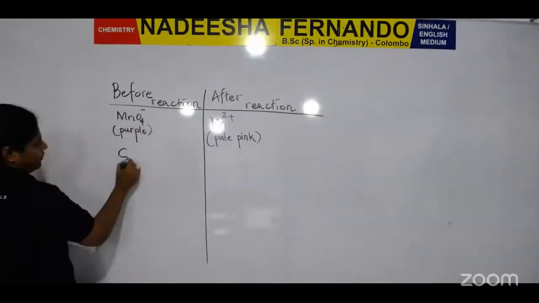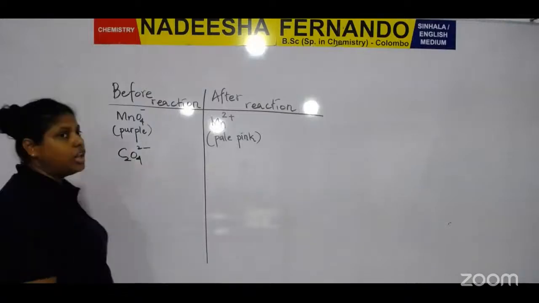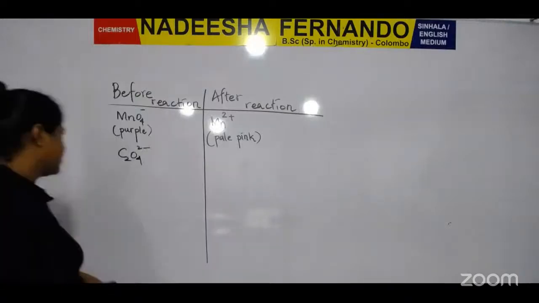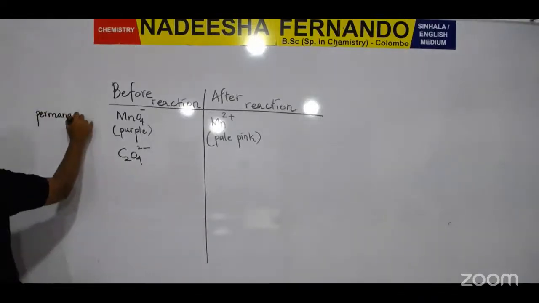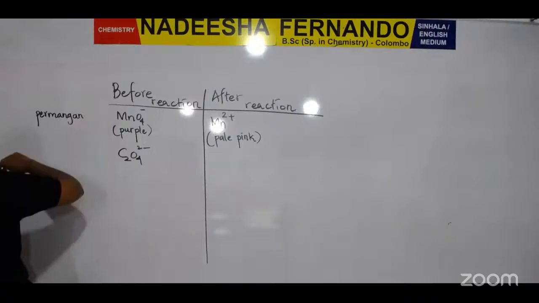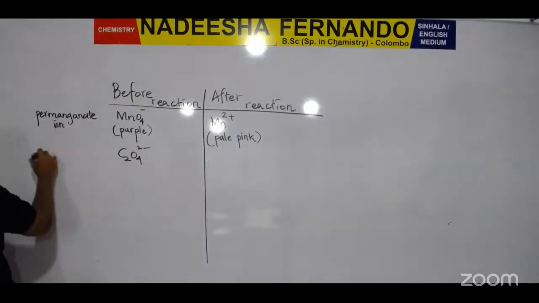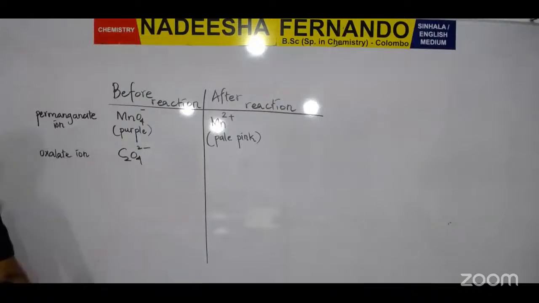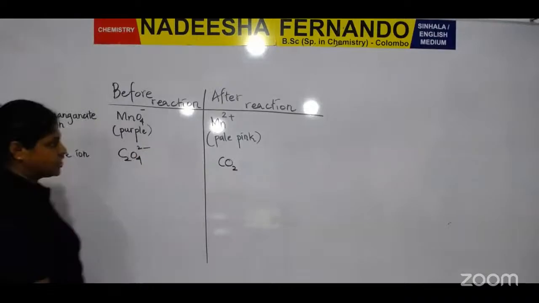Then we have C2O4 2 minus, which we call the oxalate ion. C2O4 2 minus changes to CO2.